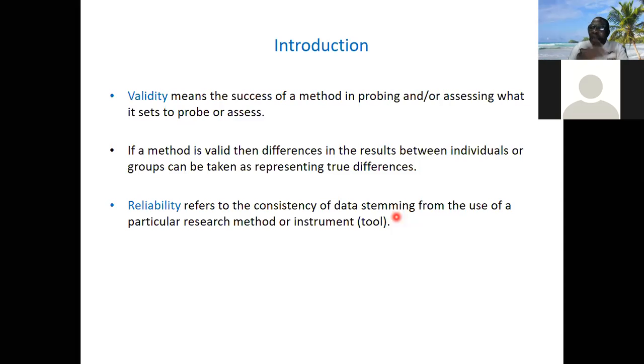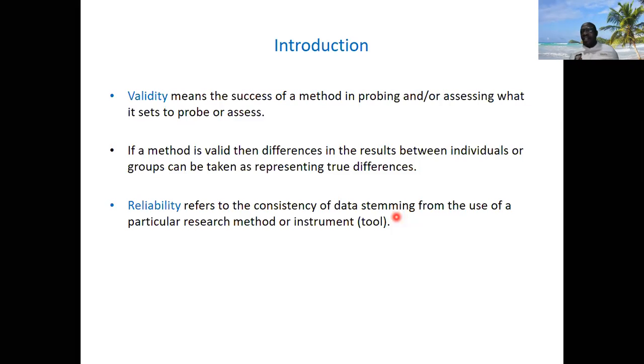So reliability is more towards the method you use to take your measurement, while validity is wider. You can talk about the whole study not being valid. The whole study can be a method that is not valid. So reliability talks about consistency.